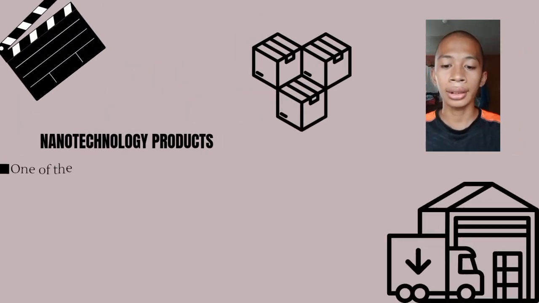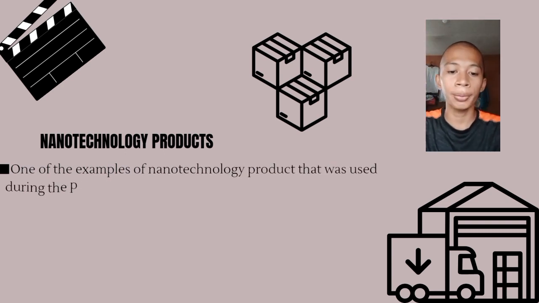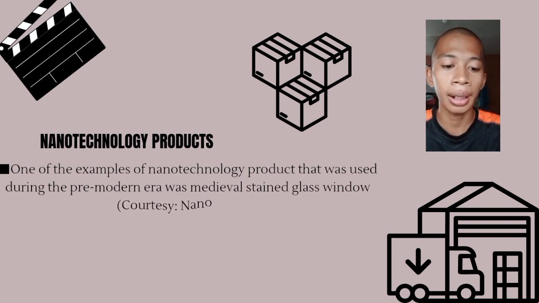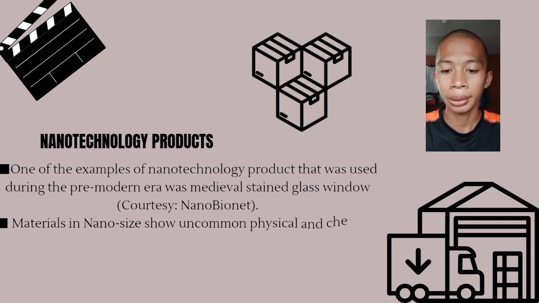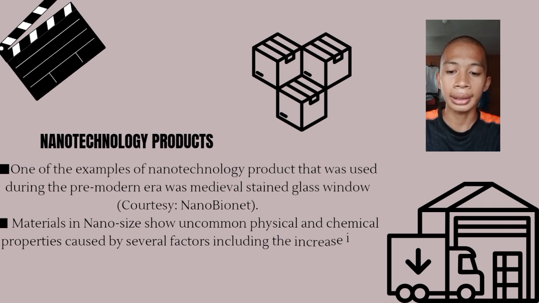The nanotechnology production. One of the examples of nanotechnology production that was used during the pre-modern era is the Maldives stained glass window.